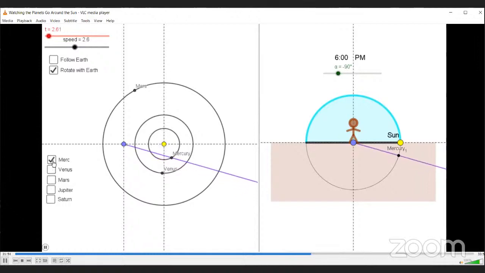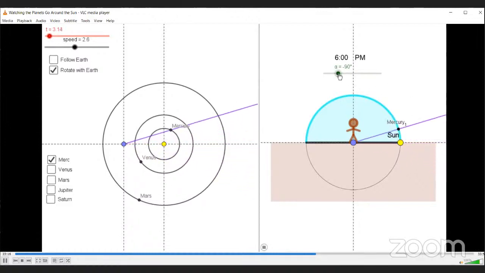Okay, so let's look at them one at a time. Let's start with Mercury. And notice that over here we see Mercury going around the sun. From the backyard, what you see is Mercury oscillating with respect to the sun. Now here it's up in the evening sky, and down here it's in the morning sky.